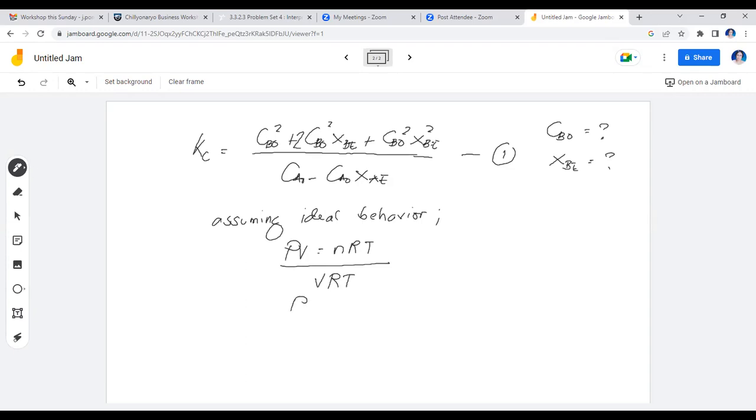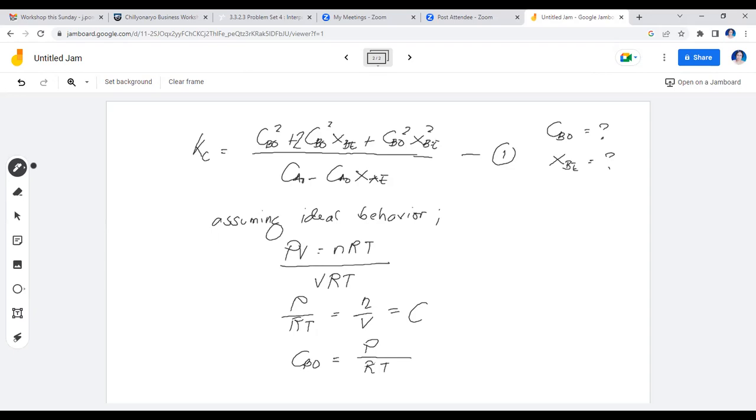The left side would be P over RT equal to n over V. This n over V could be the concentration. So specifically, based on the statement that the system is starting with pure dinitrogen tetraoxide, we can write that the initial concentration of dinitrogen tetraoxide will be solely based on the pressure that is given in the problem divided by the product of the universal gas constant and the temperature.